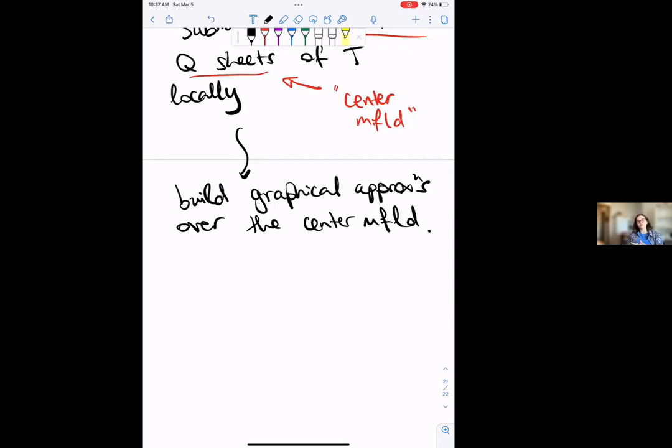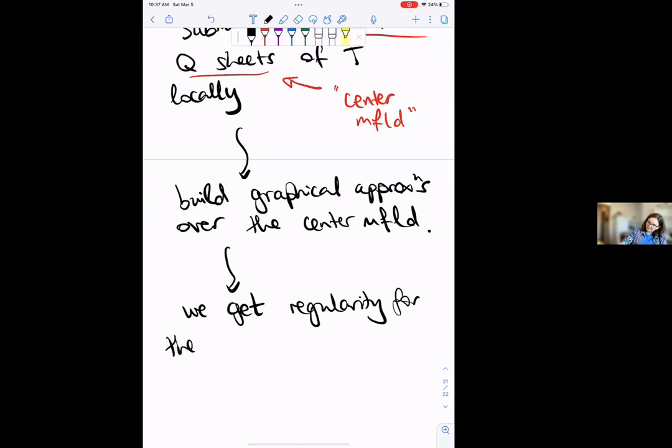And when we take the average of the sheets, it's close to being the average of the sheets of a multiple valued minimizing harmonic map, which is a classical harmonic map, and you have elliptic regularity there. So we get regularity for the center manifold via elliptic estimates.